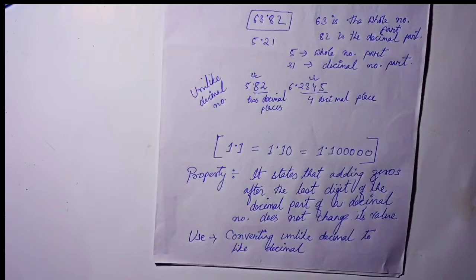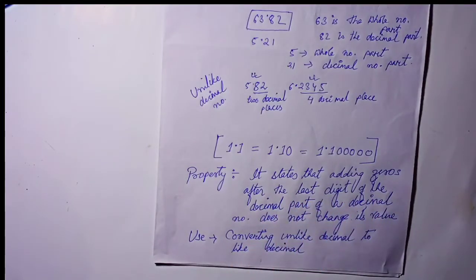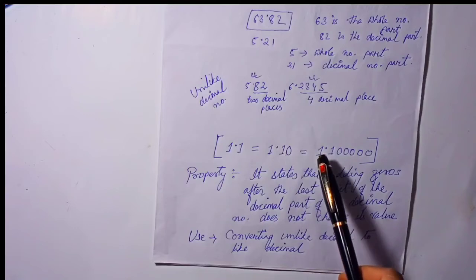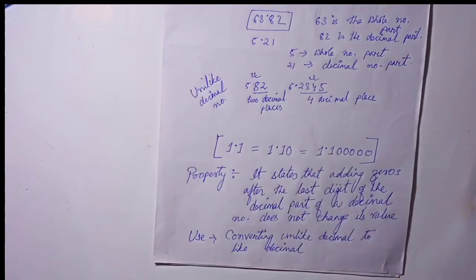This is the property. It states that adding zeros after the last digit of the decimal part of a decimal number does not change its value. I have shown you here that 1.1, 1.10, and 1.100000 are all the same. This is what the property is saying.